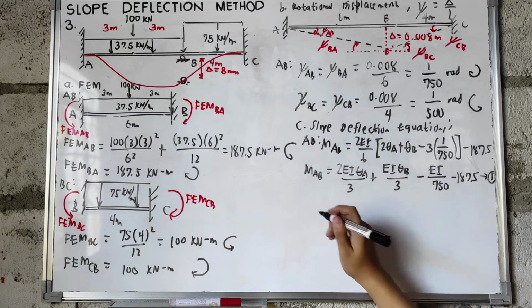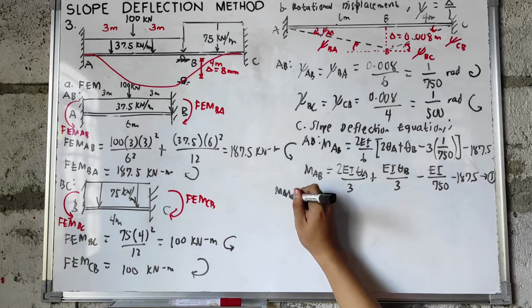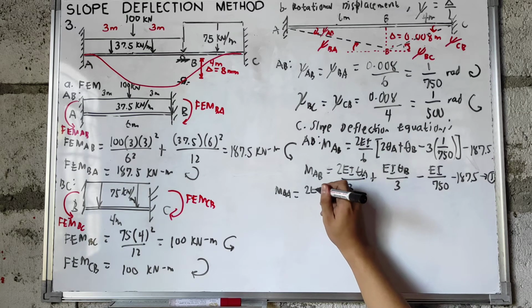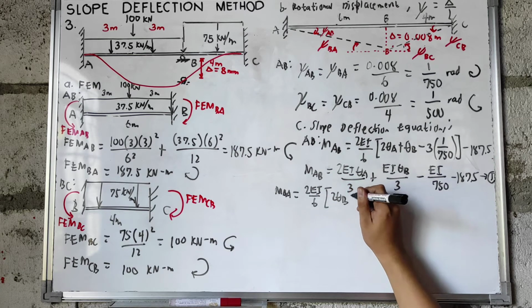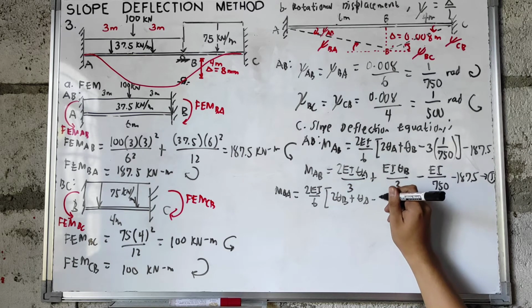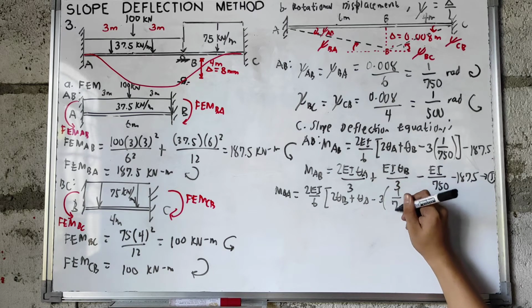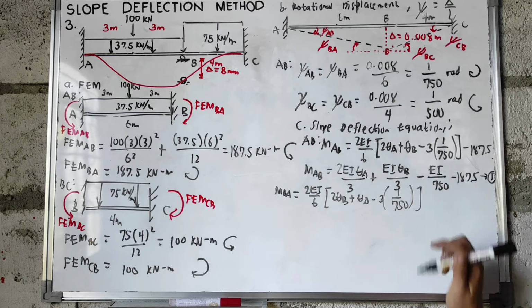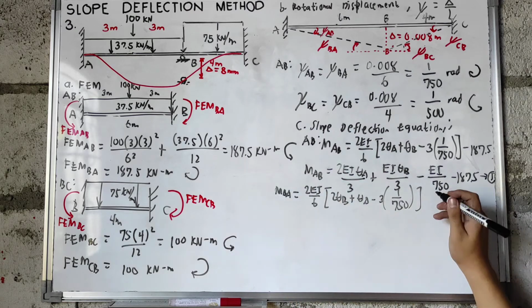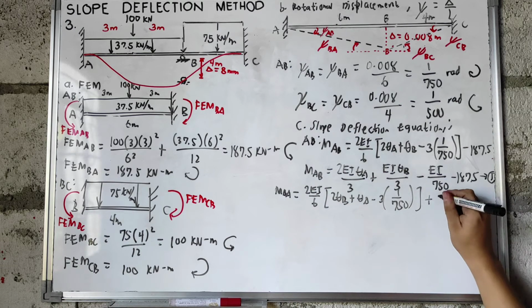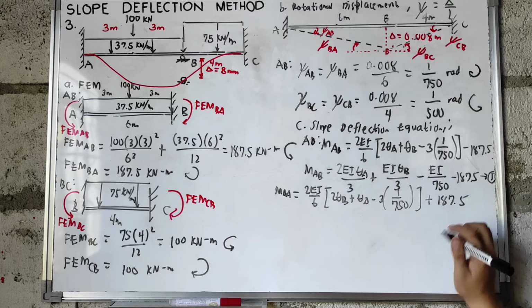Next, let's solve for the value of your MBA, which is equal to 2EI, 2 theta B, so the value ng FEM natin dito, since clockwise, that will become positive 187.5.